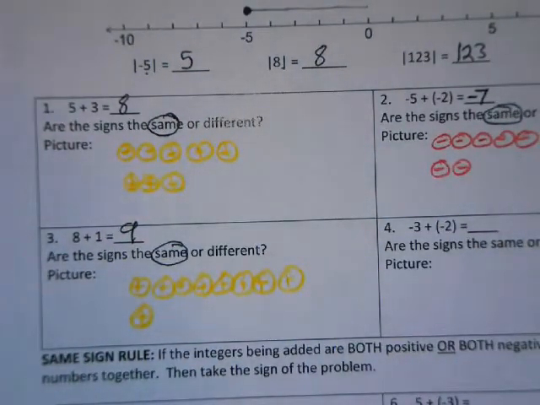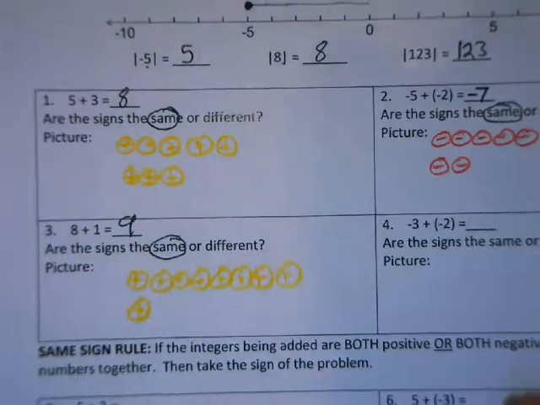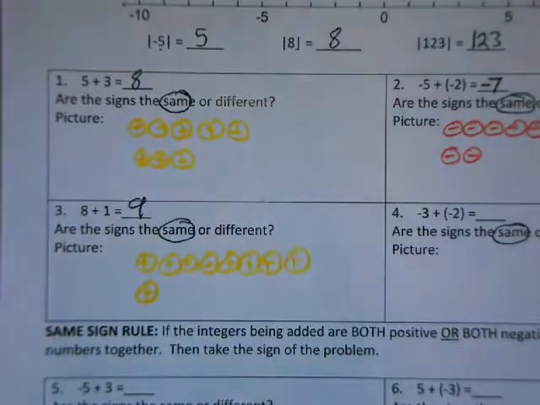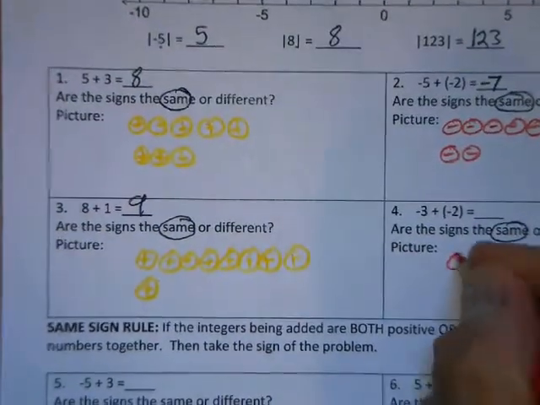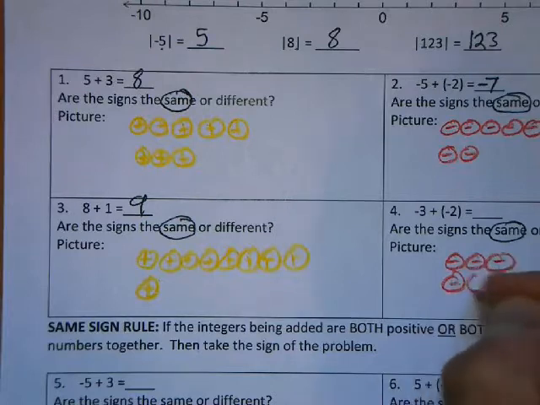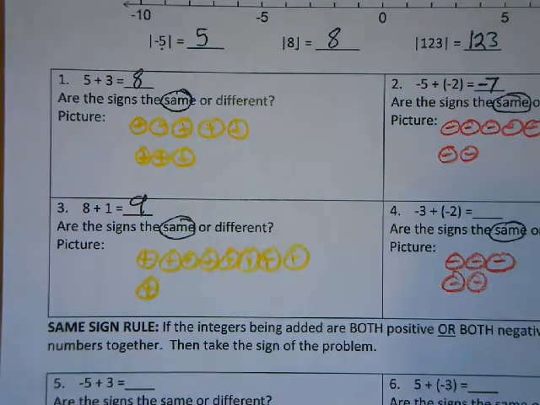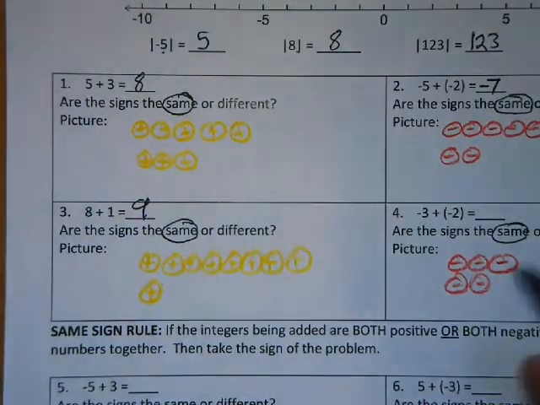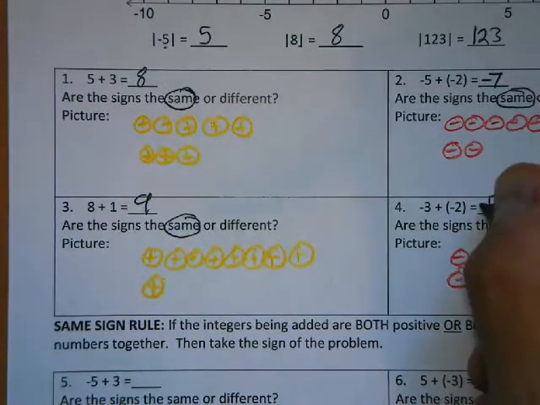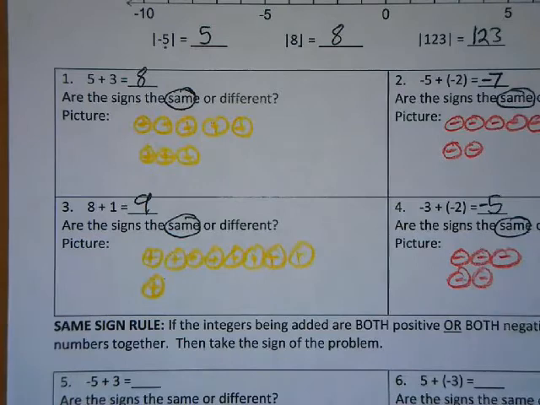And finally, negative 3 plus negative 2. The signs are the same. They are both negative. And I've got 3 negatives and 2 more negatives. Which means since there's nothing to cancel out, no 0 pairs, the sum is 5 and they're negative. So the sum is negative 5.